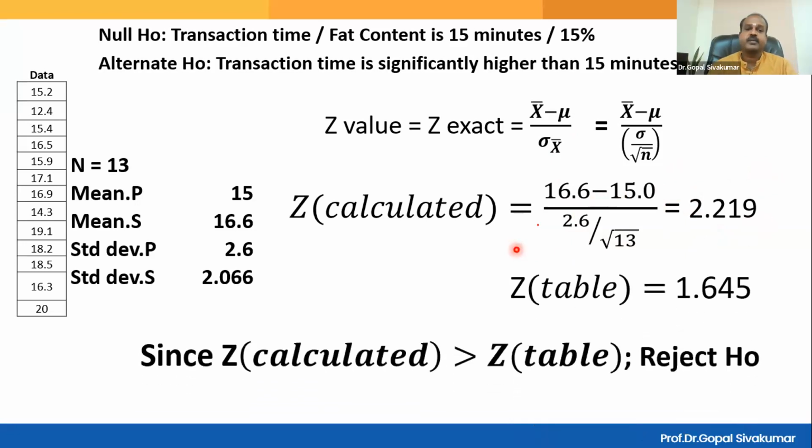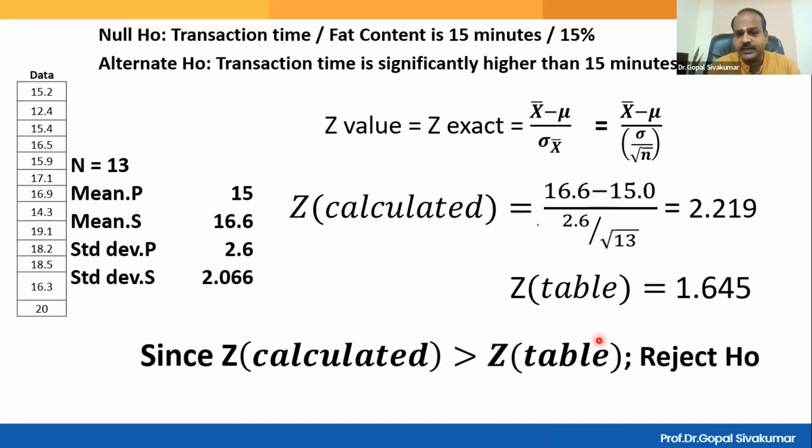But in a two-tailed study, please note, in a two-tailed study you don't want to see your statistic going to the extreme right or to the extreme left. Both are problematic for you. You want your fat content to always stay around 15. Left side you don't want to recommend, right side also you don't want to recommend.